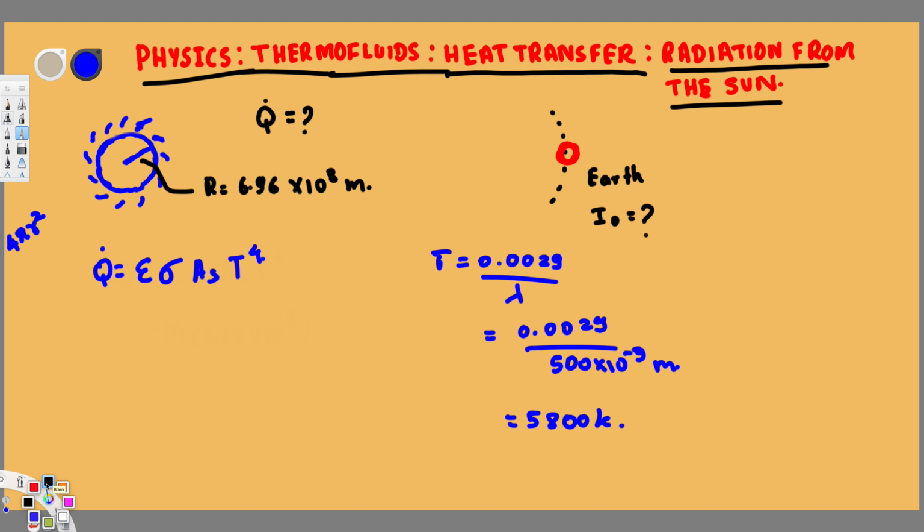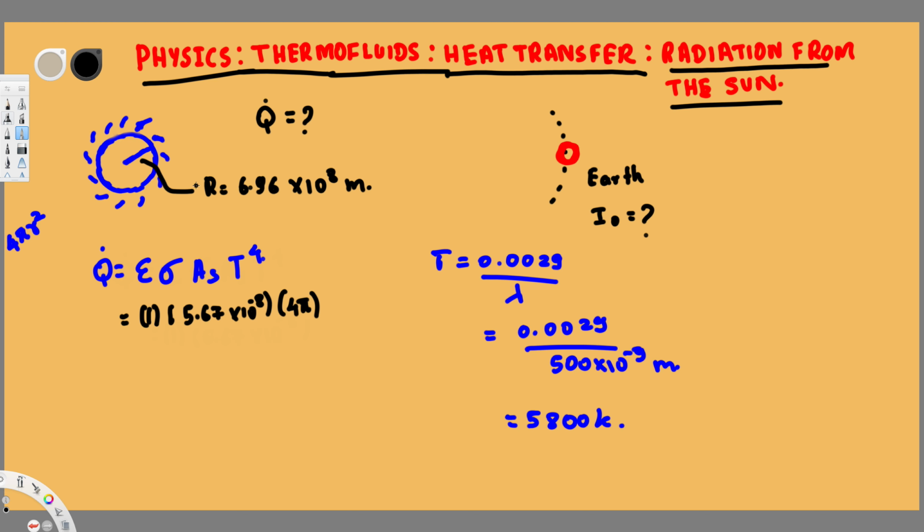Now let's go ahead and plug in all the values. First we have emissivity, that is 1 for the sun, and the Stefan-Boltzmann constant is always going to be 5.67 times 10 to the power minus 8. And the surface area for a spherical shape is going to be 4 pi r squared, 4 pi times the radius.